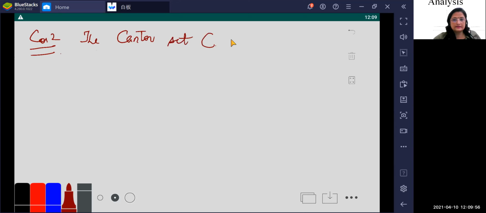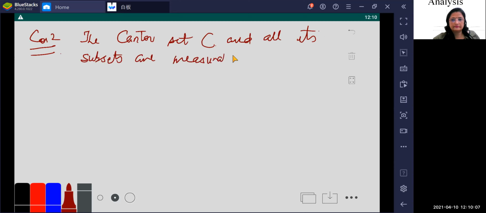Now we'll come to corollary number 2. The Cantor set C and all its subsets are measurable, and each of them has the measure 0.